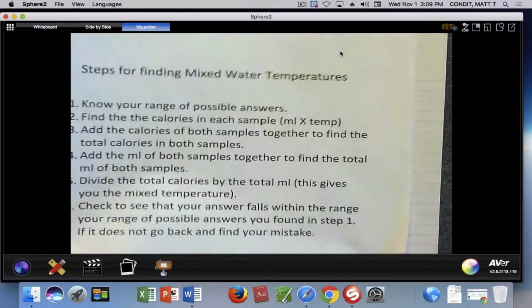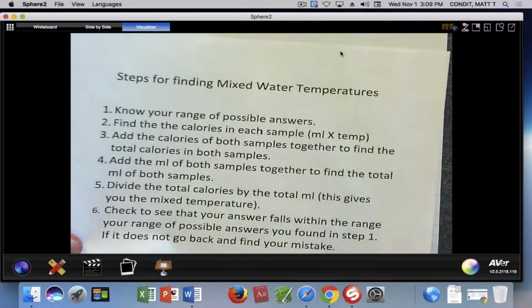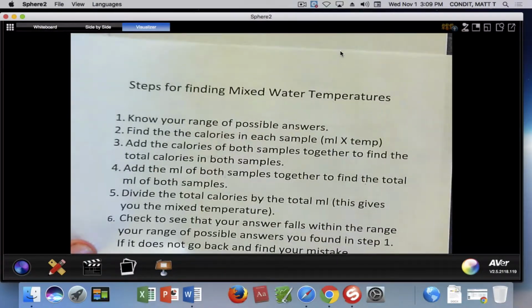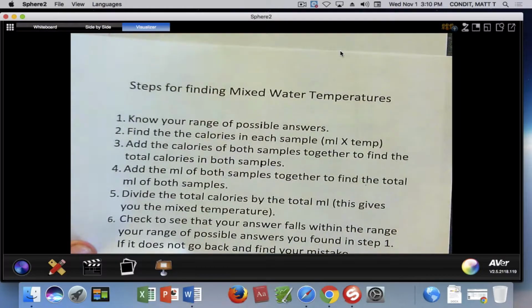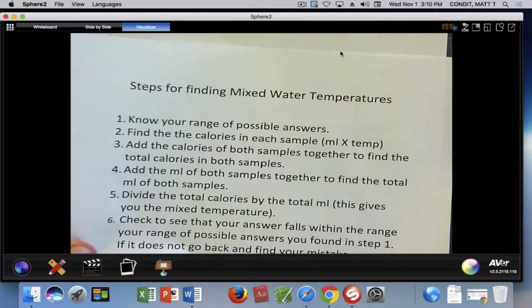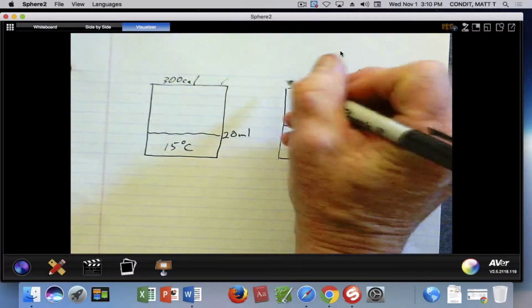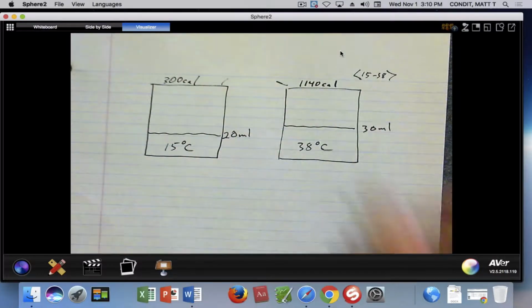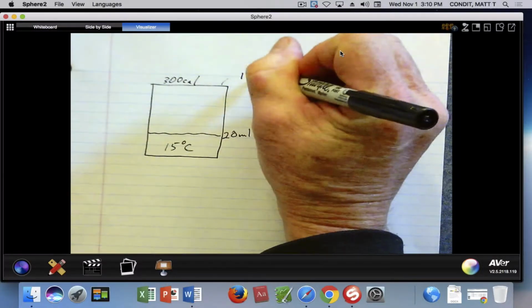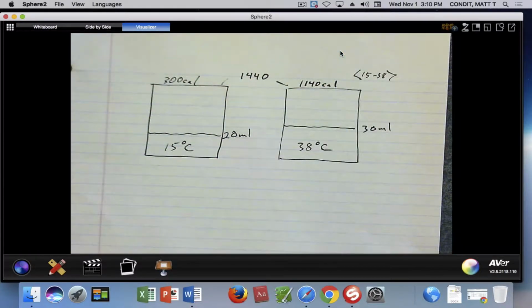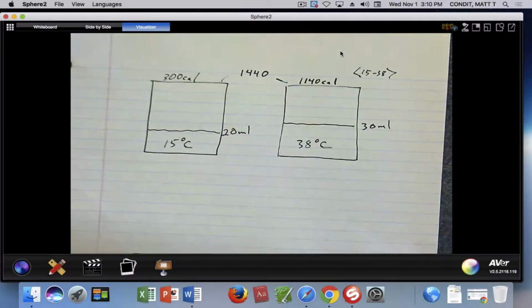We've now completed step 2. We found the calories in each sample. Then it says add the calories of both samples together to find the total calories of both samples. So now we just add them together, and those two come out to 1,440 calories. And so now we've got the total combined calories.